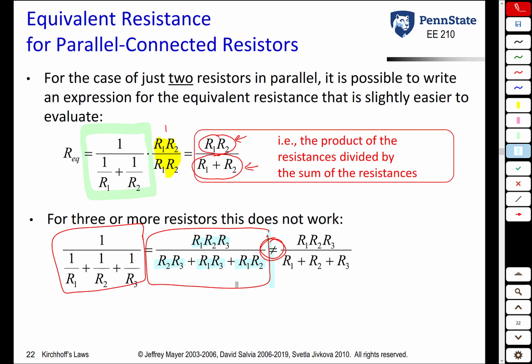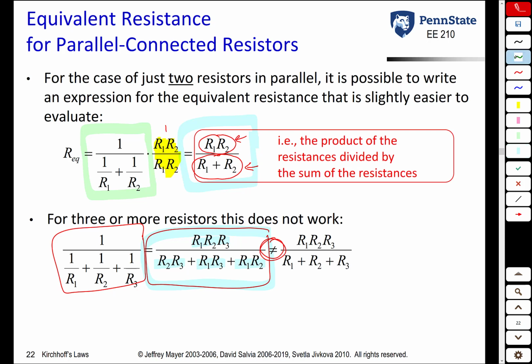This expression, although it's true, is probably not worth memorizing. It's a little complicated, and with 4 and more resistors, it gets even tougher. So bottom line, for 2 resistors, it's probably worth your while to memorize this shortcut, the product over the sum. For 3 or more resistors, it's probably not worth it.